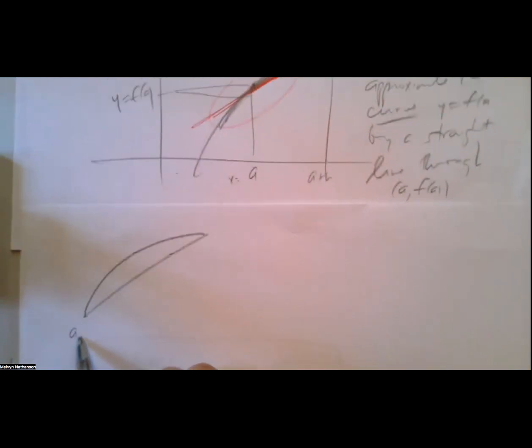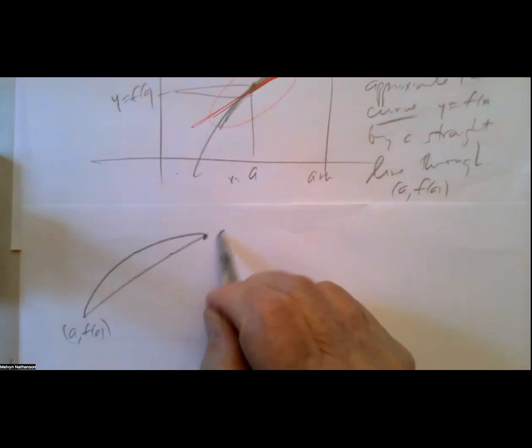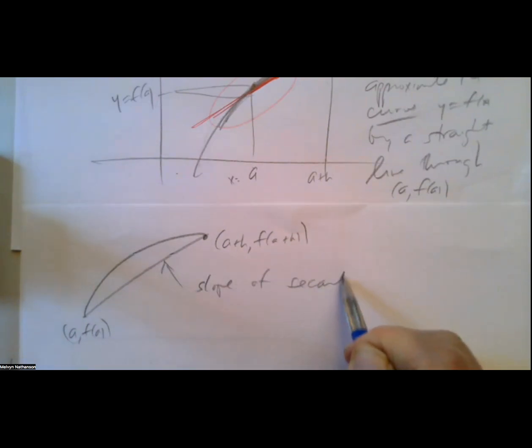So here's my curve, here's my secant. This point has coordinates a comma f of a. This point has coordinates a plus h, f of a plus h. And the slope of the secant is f of a plus h minus f of a over a plus h minus a, which is f of a plus h minus f of a over h.